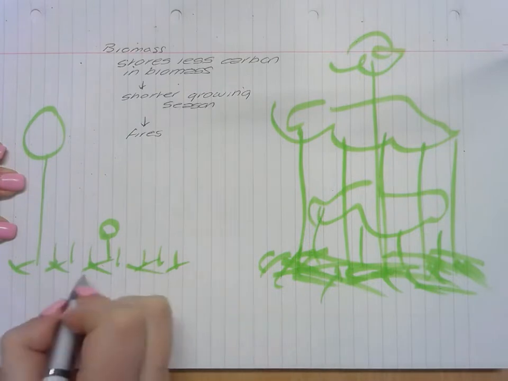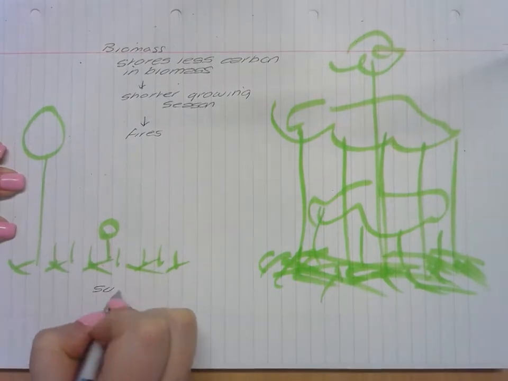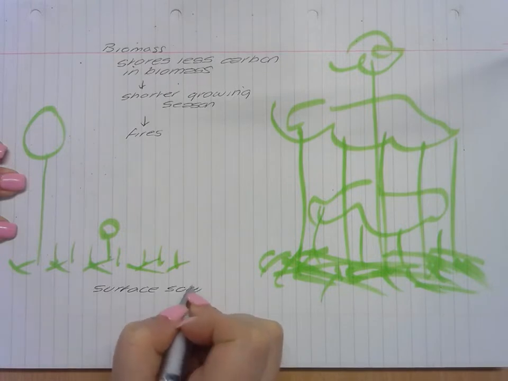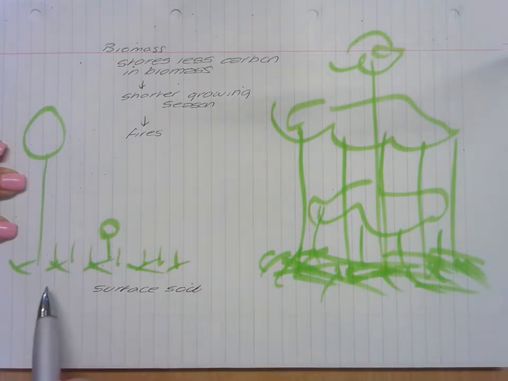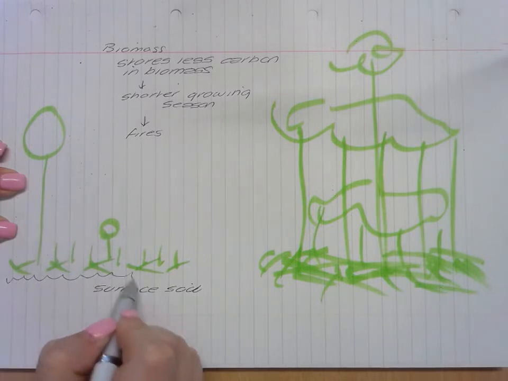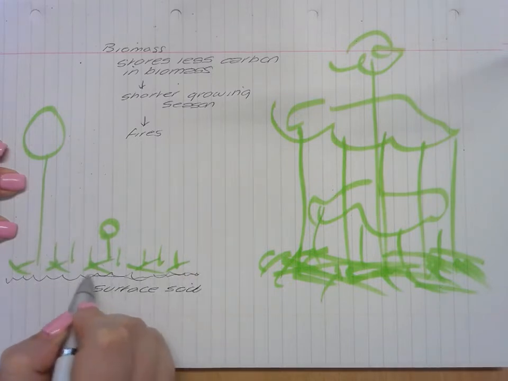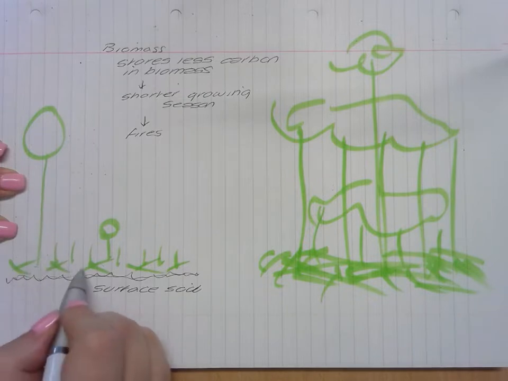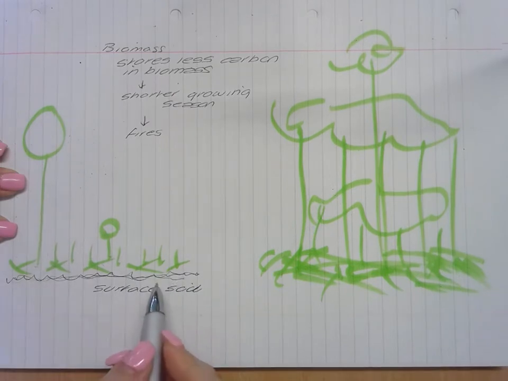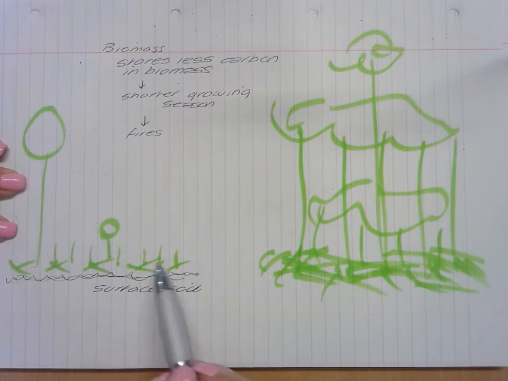Okay, another store is the surface soil. So what happens is some of the nutrients from the decaying vegetation makes it into the surface soil. Now, it's stored there, but it decays rapidly because it's high temperature.